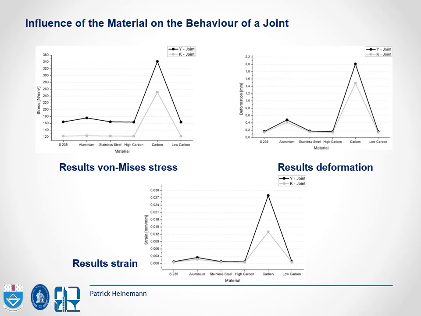The carbon is a very special case because it's more a theoretical study. Because of the composite material, it's not quite comparable because of the welding. In a normal case, you don't weld a carbon structure with a fillet weld, for example.